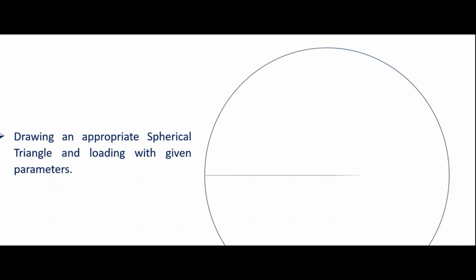Now, drawing an appropriate spherical triangle and loading with given parameters can be seen in this small illustration. We have the sphere of the Earth. We have the equator of the Earth showing up. If I have this as the equator, I have the North Pole, I have the South Pole marked.